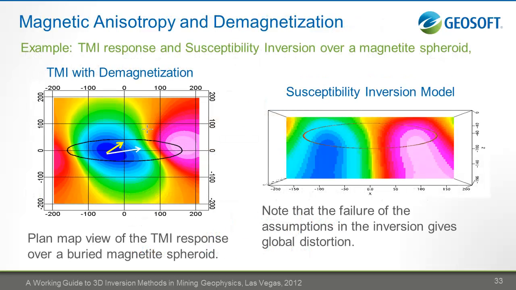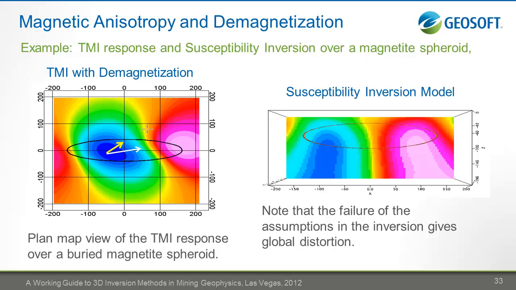So now let's see what the effect of that would be on a susceptibility inversion. What I'm showing in the left slide here is a TMI over a buried magnetite ellipsoid. The shorter arrow is the direction of the inducing field, and the longer arrow is the actual magnetization direction.